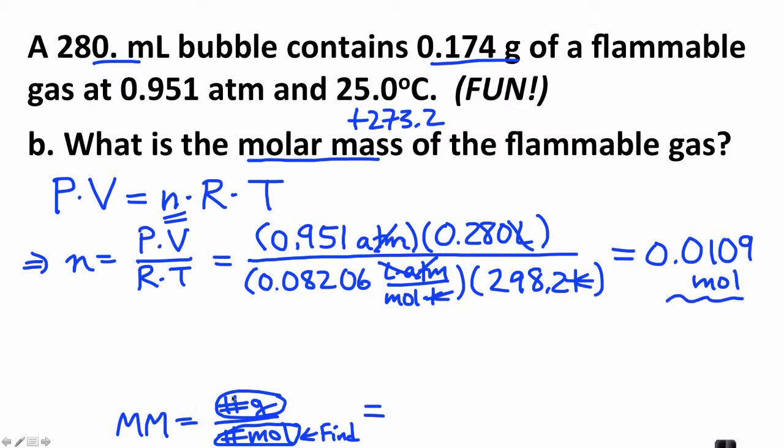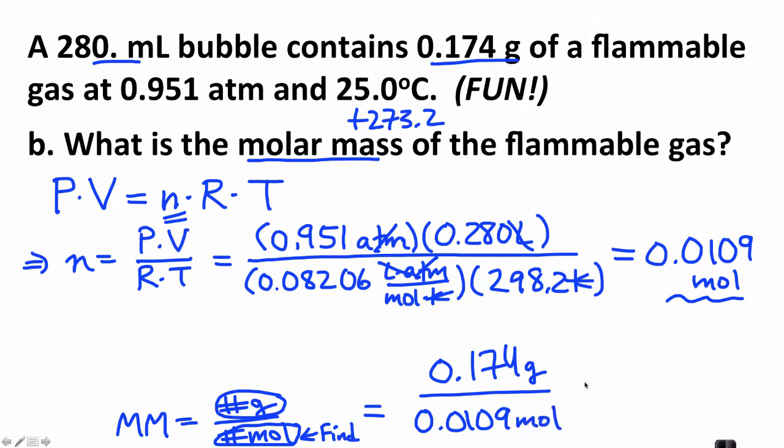And so now to find molar mass, which is grams per mole, we have 0.174 grams of gas. That corresponds to 0.0109 moles of gas, and that works out to be about 16.0 grams per mole.